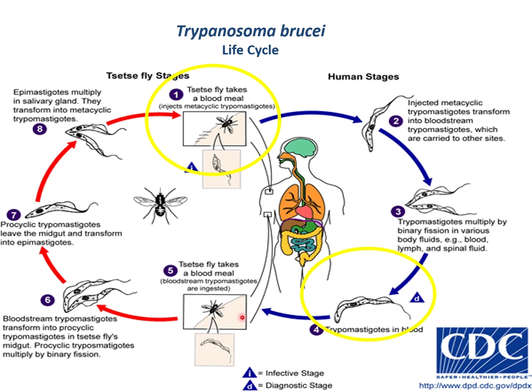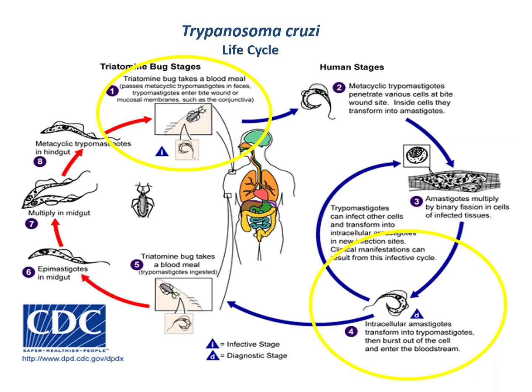And whenever the tsetse fly takes a new blood meal, it will ingest those trypomastigote stages, which will transform into procyclic trypomastigotes in the midgut of the tsetse fly. These will further divide and transform into epimastigotes in the midgut, then move to the salivary glands, where the epimastigotes will transform into metacyclic trypomastigotes.